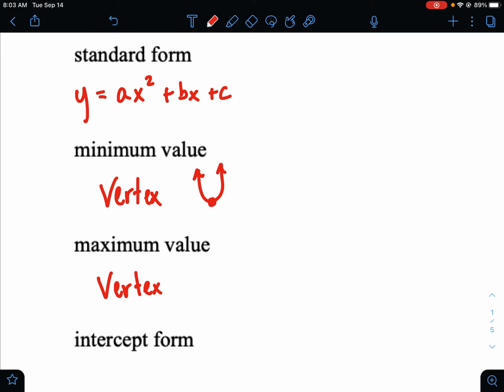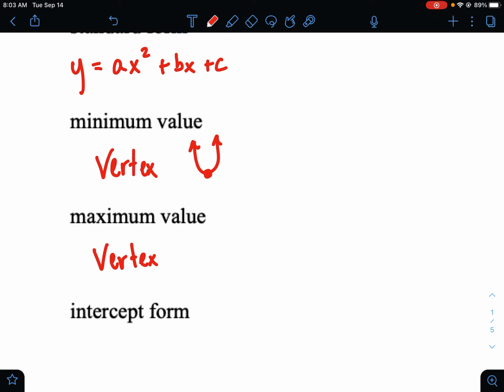It's the lowest point. If your parabola is upside down, like this, then the vertex becomes a maximum point. And those are important to note when we are doing these in the graphing calculator, because you need to tell the calculator whether to find the minimum or maximum.